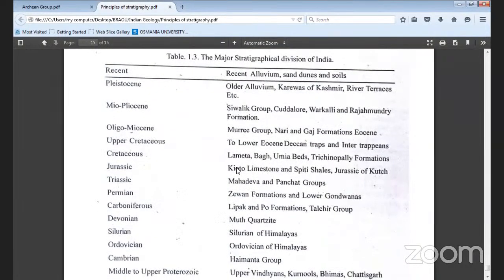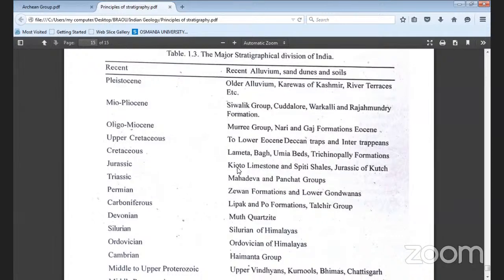Here it is mentioning recent alluvium and sand dunes and soils. The recent ages here, Pleistocene.